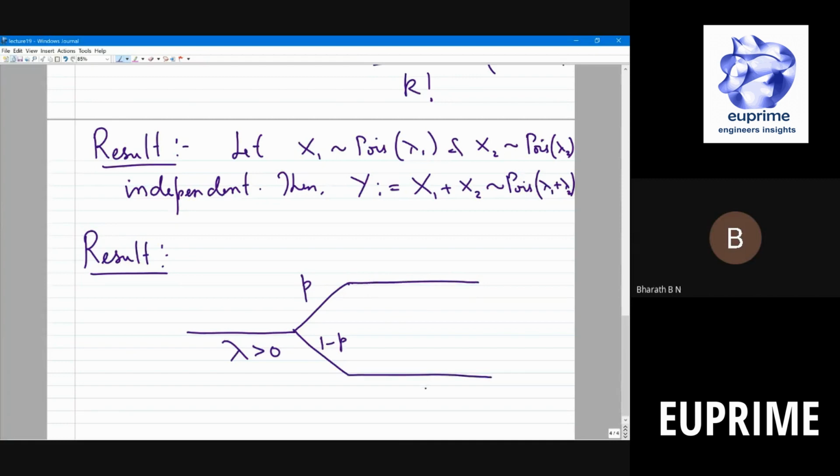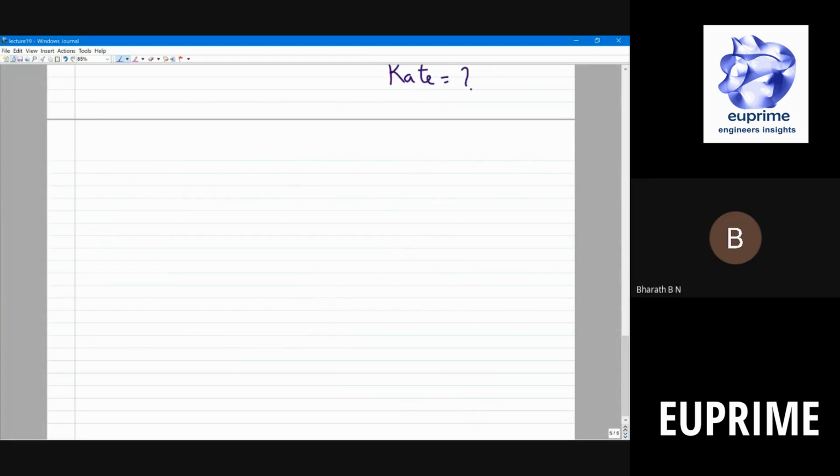So now this has two streams. Now the question is, what is the rate here, and what is the rate here? And what will be the distributions? That's the question that we'll ask.